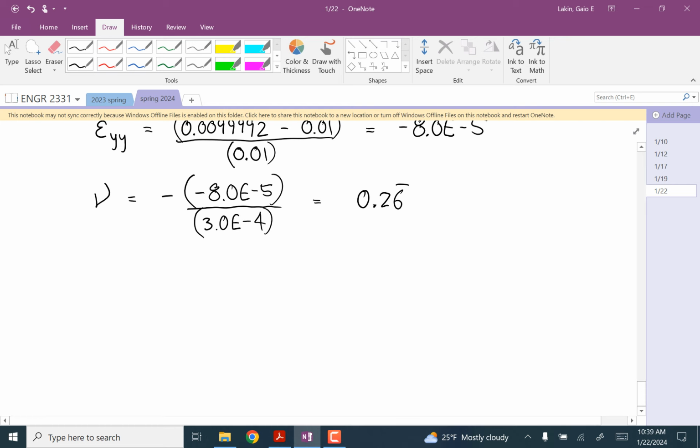Okay, so for the compliance matrix, 1 over E, wherever that shows up in the compliance matrix, you get a value of 1.2 times 10 to the minus 11th.